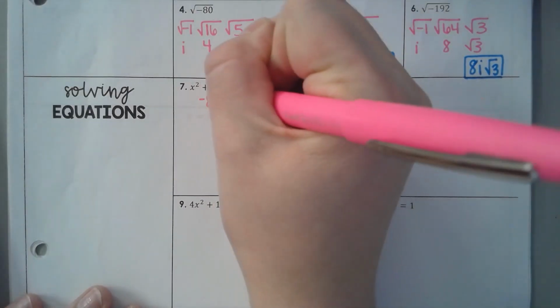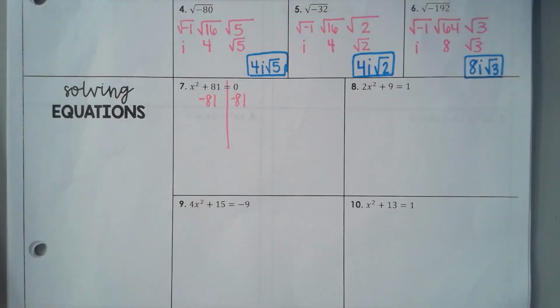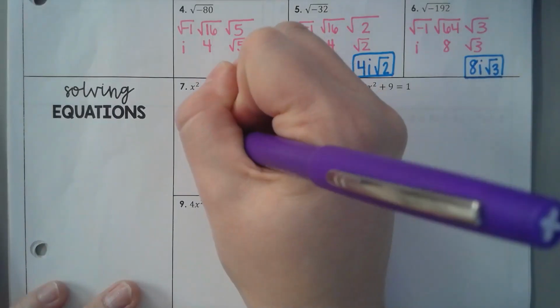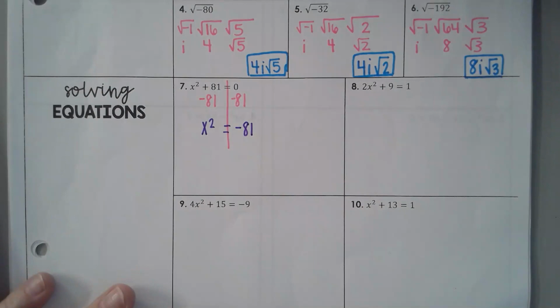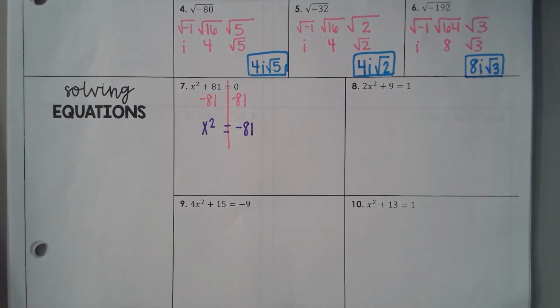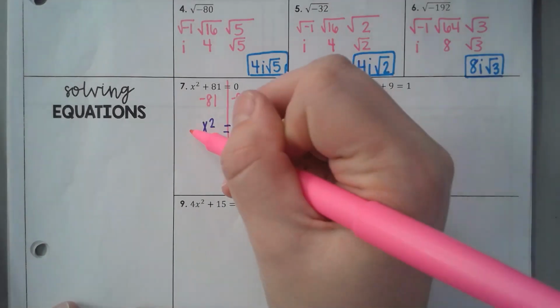Subtract the 81, which gives me x squared equals negative 81. Then what? Square root.